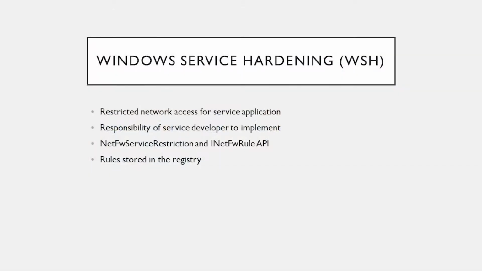To harden our Windows service, we can restrict the network access for our service application. And I want to say it should be the responsibility of the service developer to develop this restriction, because they should already know what network resources the service needs when they build the application.